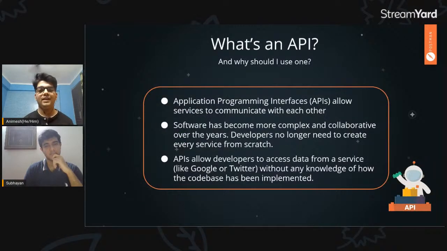So what is an API and why should I use one? This is the most common question that anyone asks while getting involved with backend or using pre-built API services. Basically, APIs are application programming interfaces which allow services to communicate with each other.